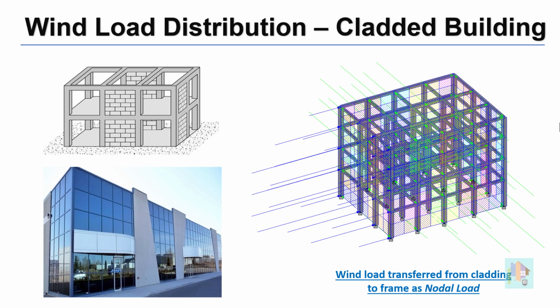For example, if we consider a cladded building like a residential building with external brick wall or a commercial building with glass cladding, wind acts directly on the external surface as a pressure load. This load is transferred to the supporting frame member as nodal load or UDL. Other parts of the structure like back or side walls are also subjected to wind load due to wind flow.